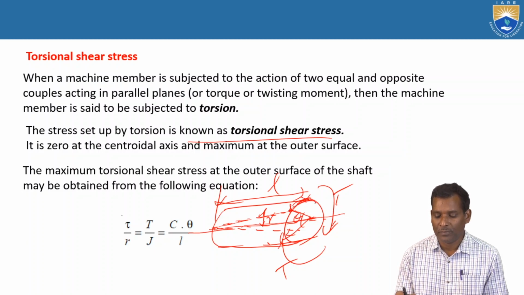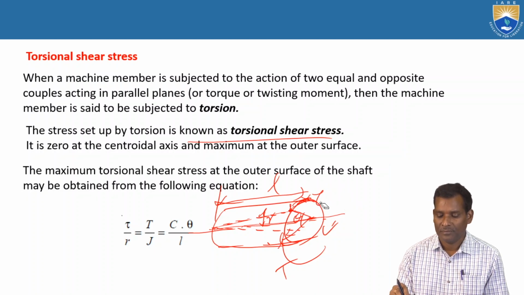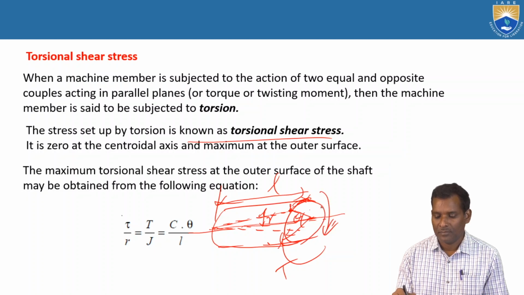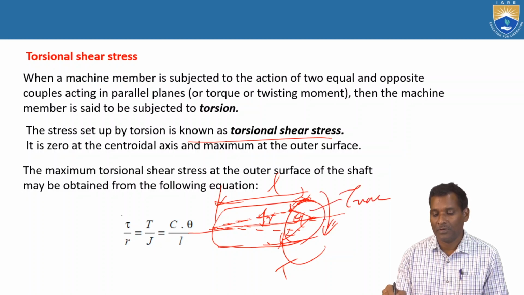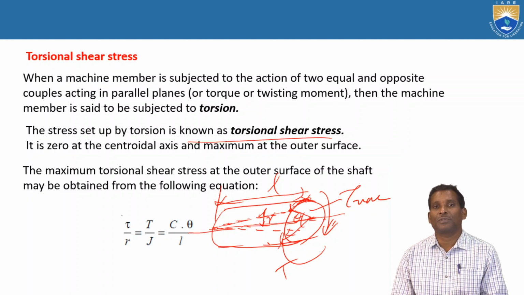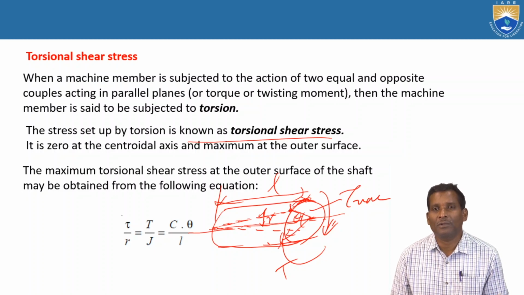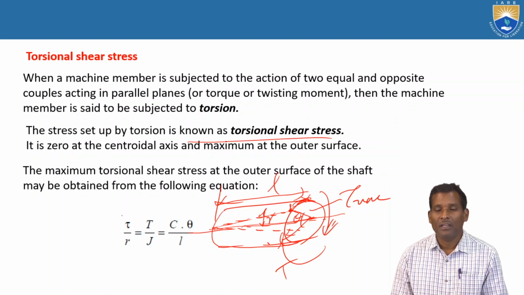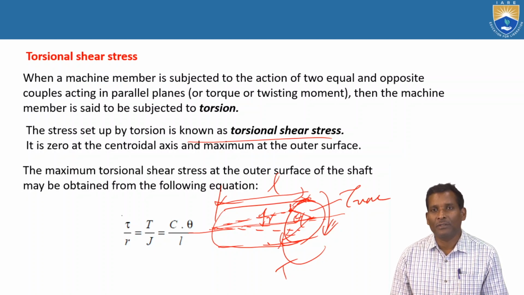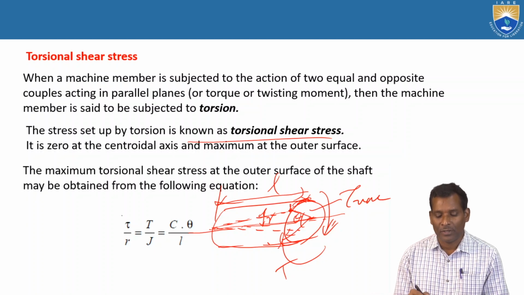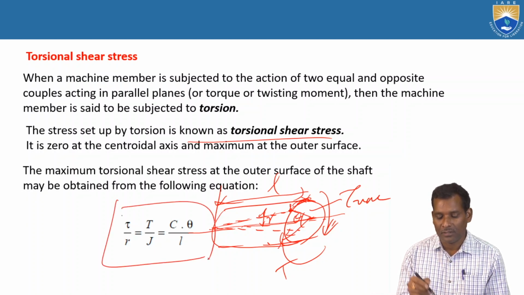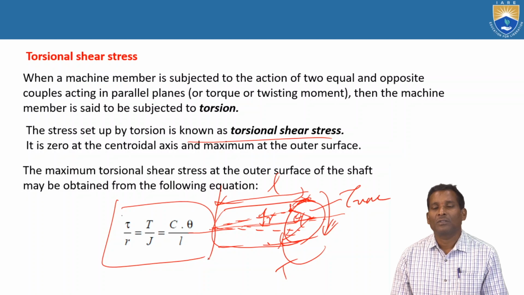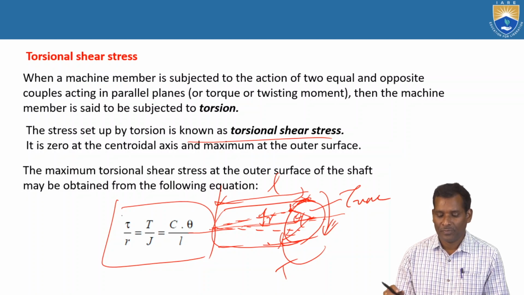At the outer surface, maximum shear stress will occur. The maximum torsional shear stress at the outer surface of the shaft may be determined by using the following equation. This equation is known as the torsional equation.